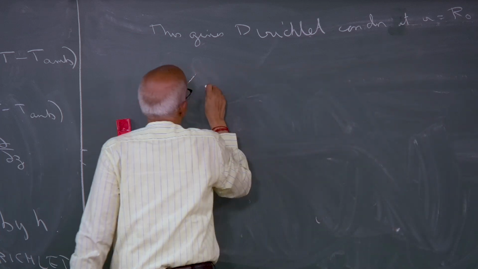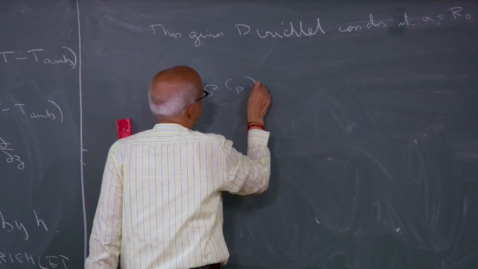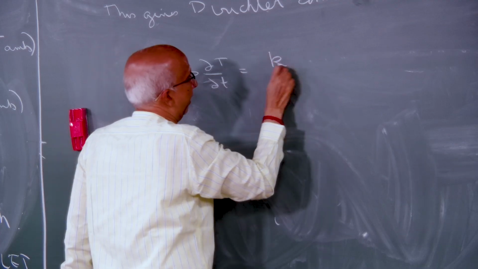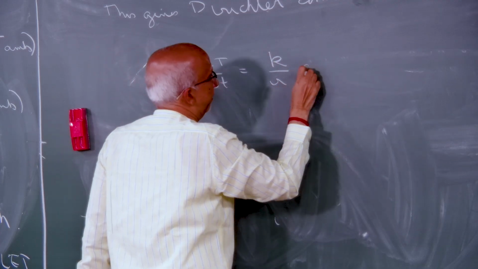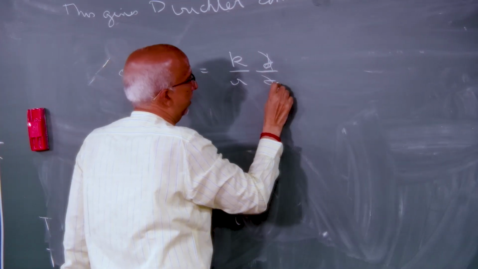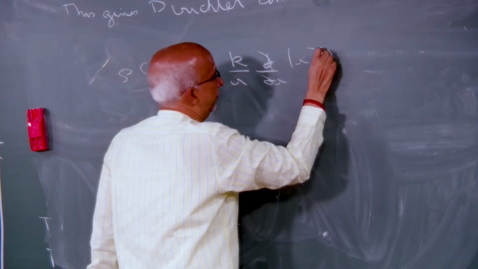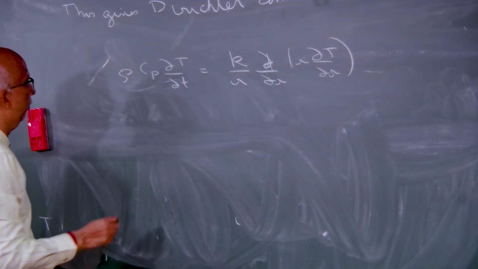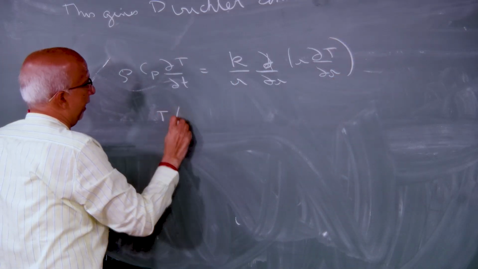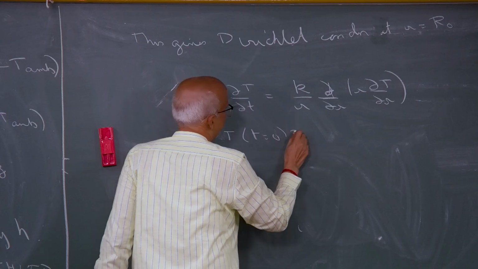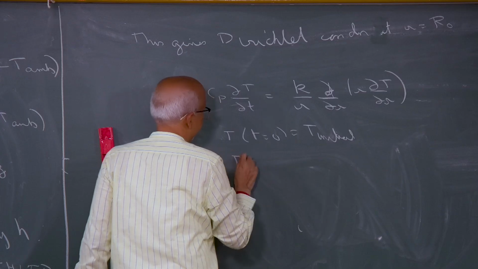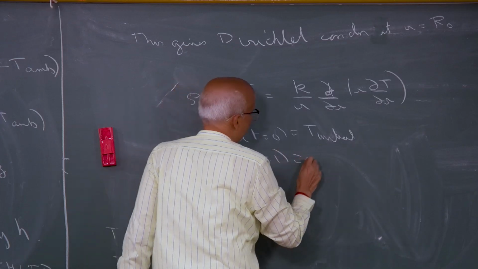And my problem is rho Cp dT/dt equals k by r d/dr of (r dT/dr). The boundary conditions: the temperature at t equal to 0 is T initial, and the temperature at r equal to 1 is T ambient.